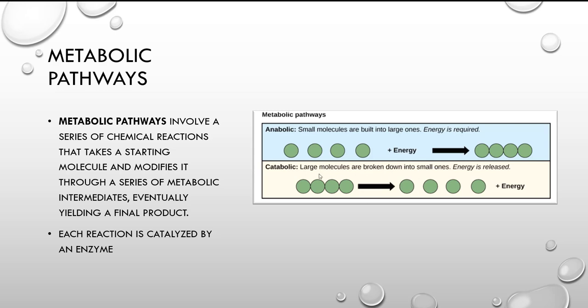It takes large molecules and breaks them down. That's the opposite of anabolism, where energy is required to form the bonds between the molecules. So catabolic: large molecules break down, and energy is released. Anabolic: small molecules are built up into larger ones, and energy is required.